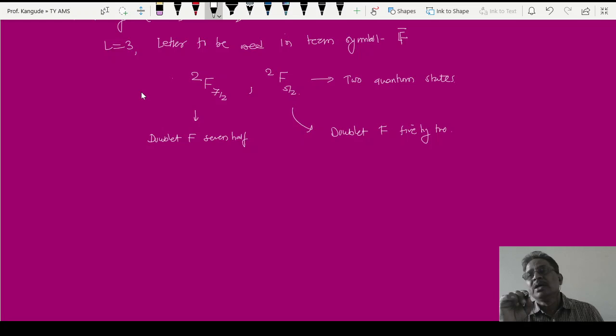Therefore there are two term symbols in this example. In the ground state of the hydrogen atom there is only one state, doublet S half, whereas in this second example there are two states, both doublets: doublet F 7 by 2 and doublet F 5 by 2.